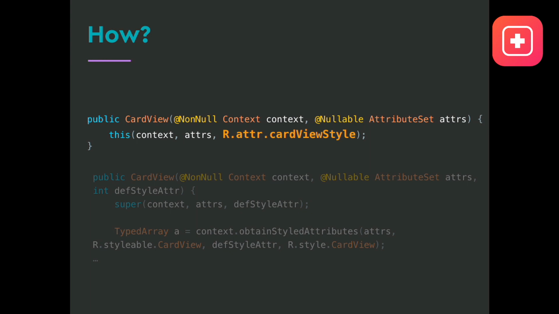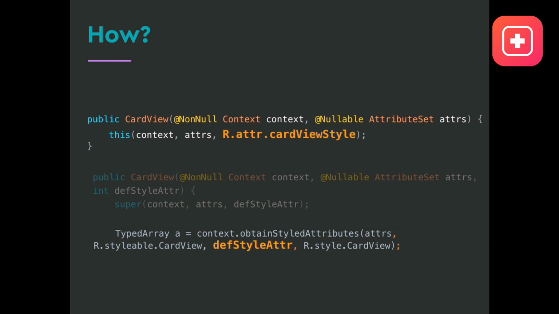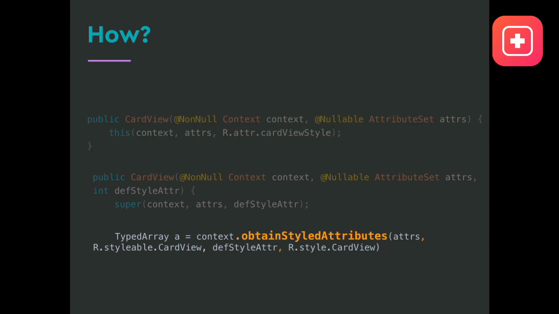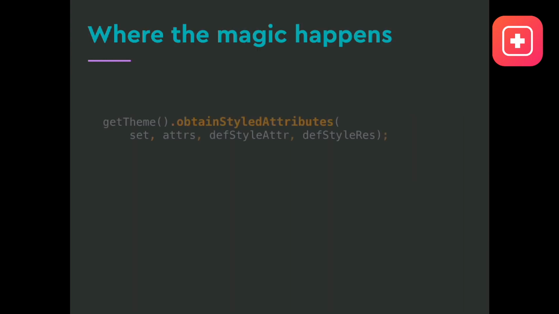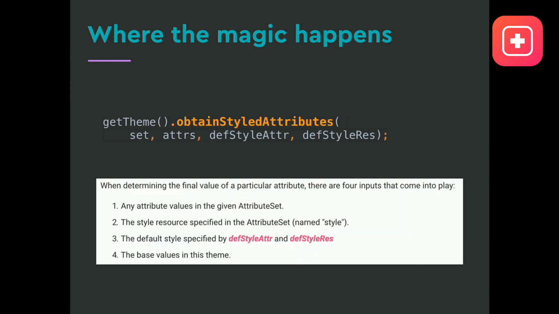And this is passed into the second constructor, which is passed into this context.obtainStyledAttributes method, which then calls the theme.obtainStyledAttributes method, which is essentially where all the magic happens, which is surprisingly well documented by Android.